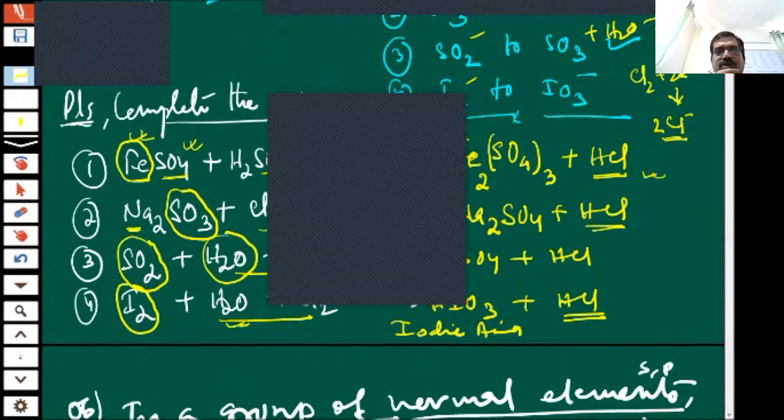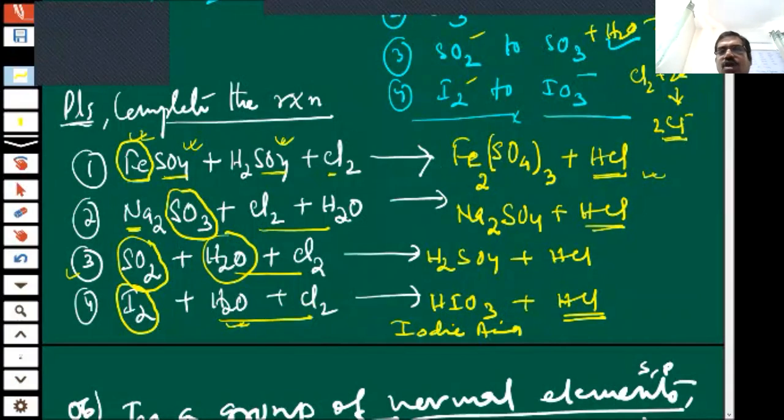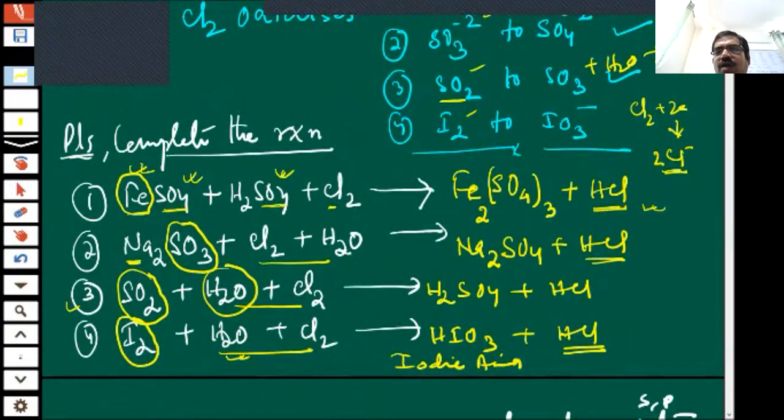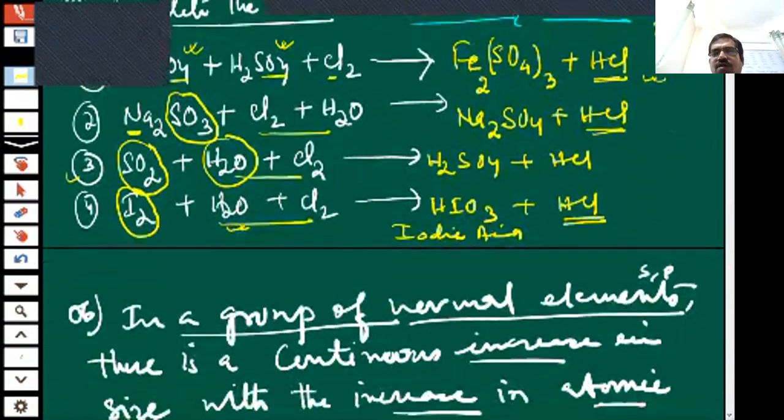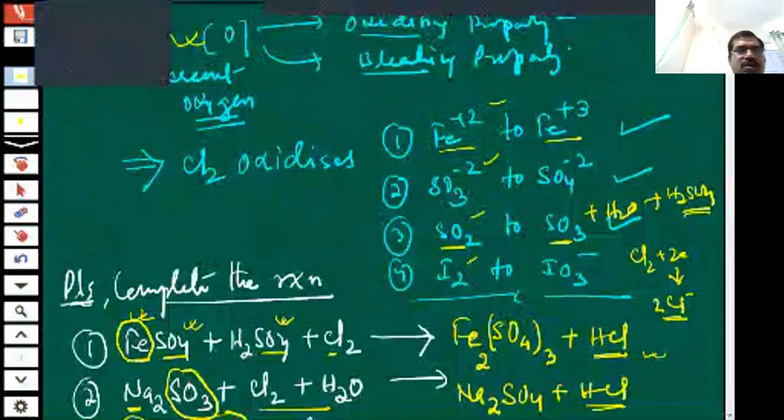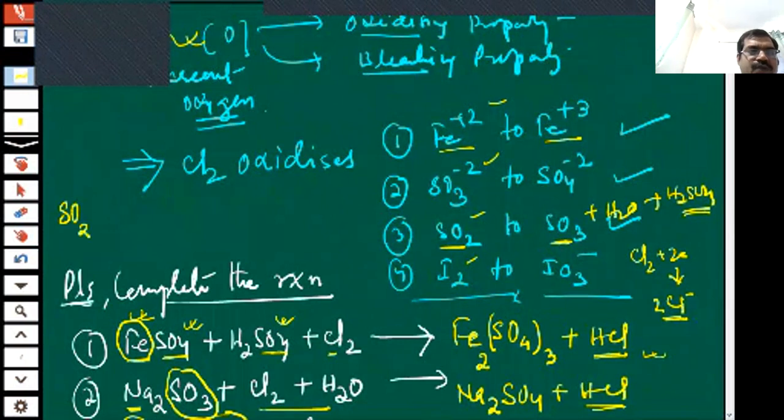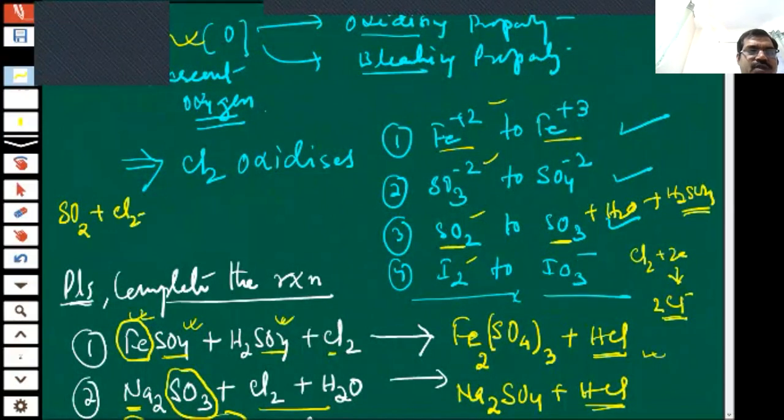Saptaparna Roy, did you understand your problem? Sir, please repeat the third one. Okay, see the third one. It is clearly written that sulfur dioxide will be converted into sulfur trioxide. Sulfur dioxide reacts with chlorine and water, so it will be converted into sulfur trioxide according to the rule, and this will give you HCl.